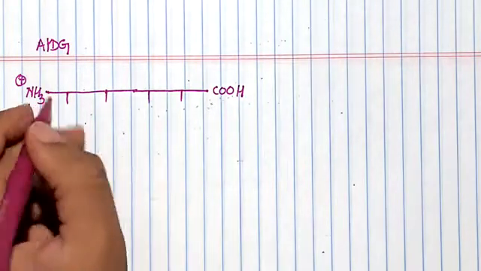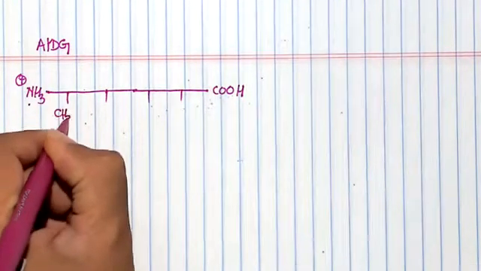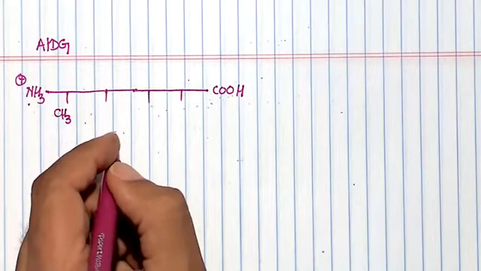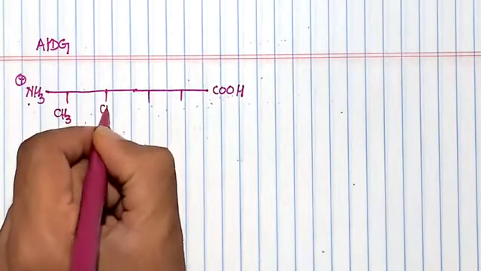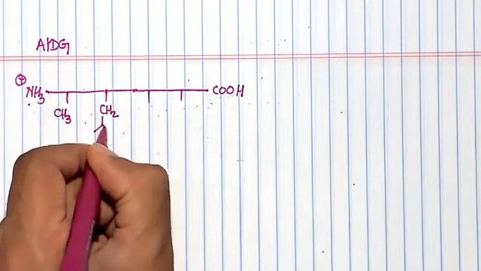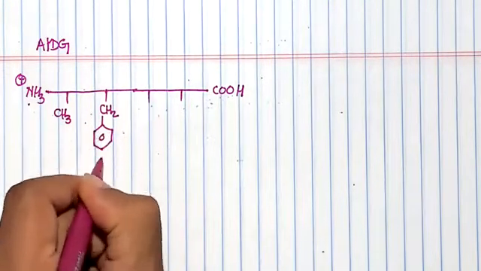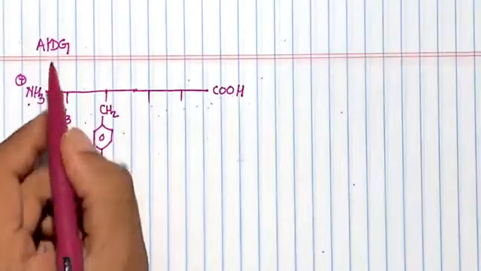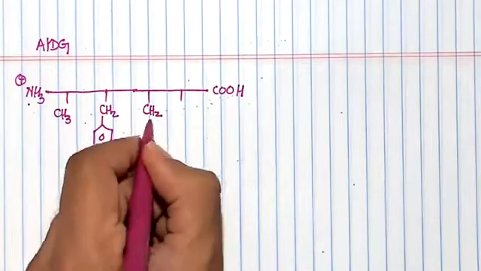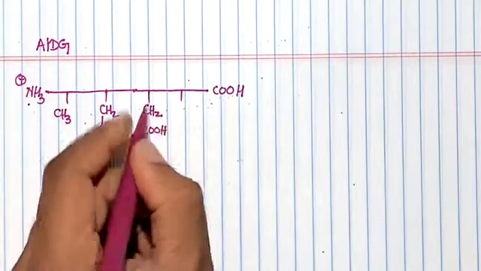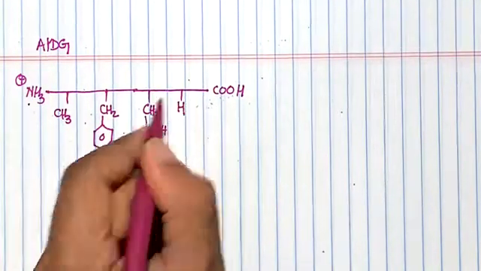And then I'll just draw my side chains. The alanine side chain is CH3. The tyrosine side chain is CH2, benzene, OH. The aspartic acid side chain is CH2, COOH. And the glycine side chain is H.